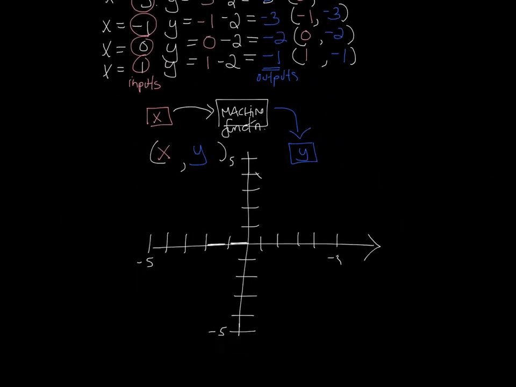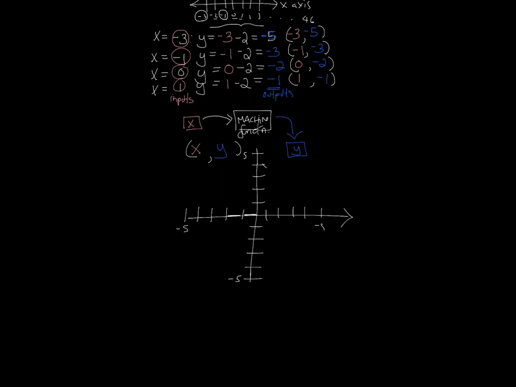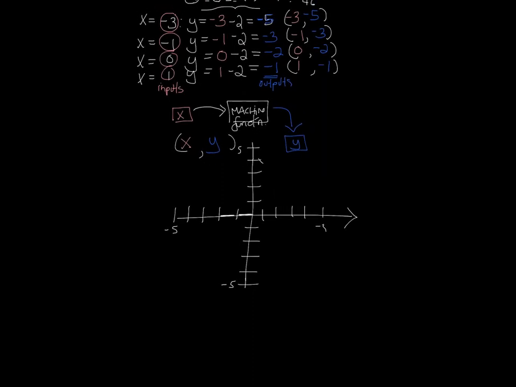We have -3, -5. So -3 is start from the origin, -1, -2, -3, and then I'm going down 5, to the left 3, and so this is my final point.